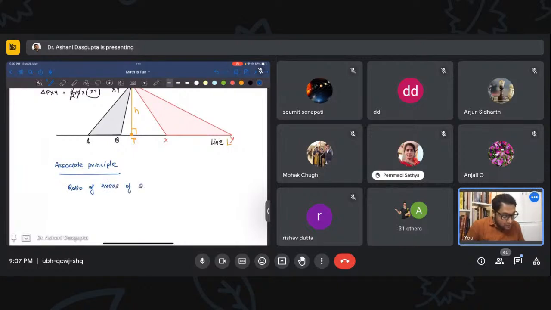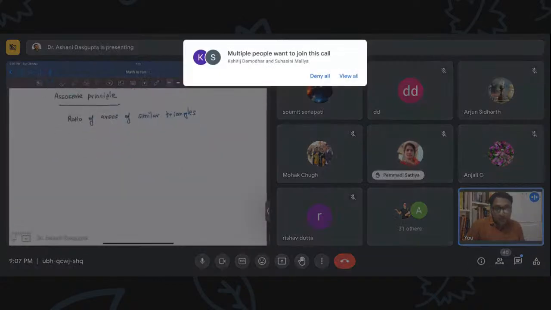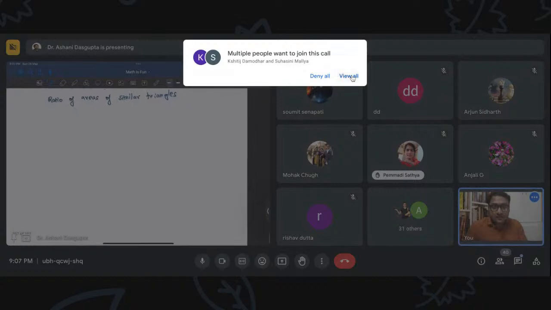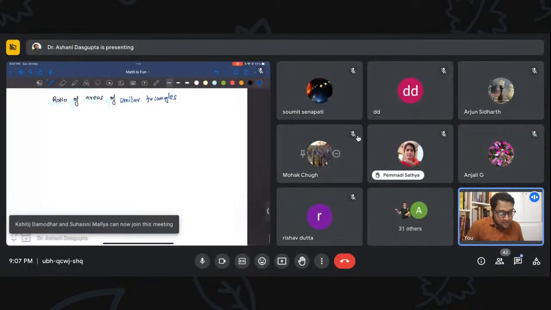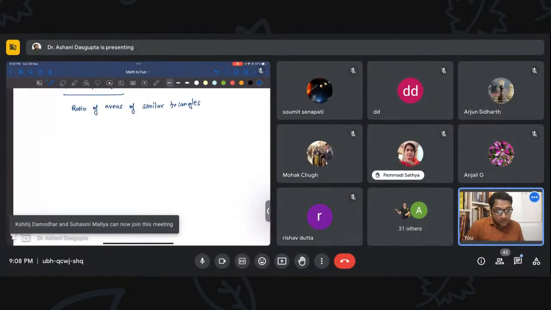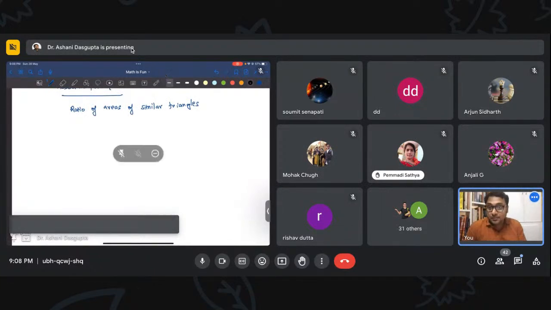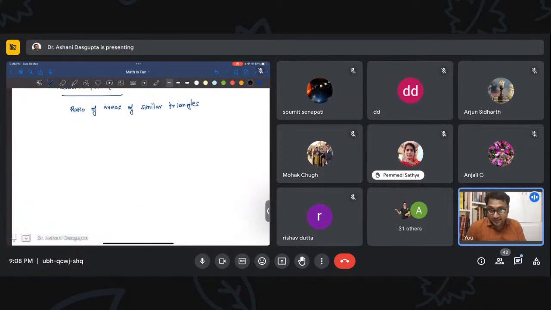of similar triangles. Again, some of you may already know this. That's totally fine. Let me quickly tell you about it because we will be doing some really interesting problems based on these ideas. So the ratio of areas of similar triangles.